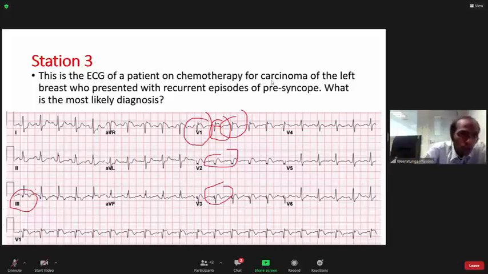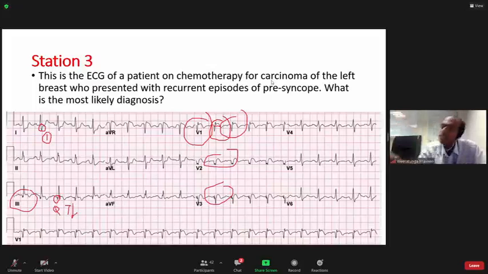Also, if you look carefully, you can see this classical deep S wave in lead 1, Q wave in lead 3, and T inversion in lead 3. So this is the classical S1, Q3, T3 pattern, which is more suggestive of a pulmonary embolism.